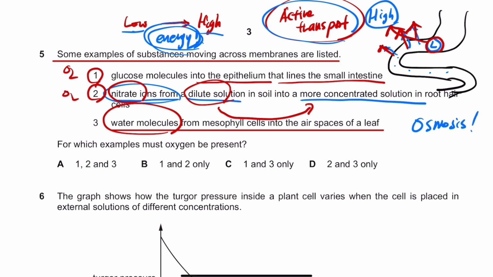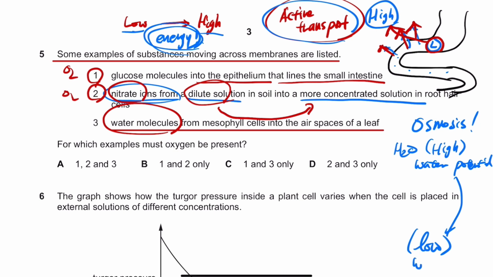Osmosis is the movement of water molecules from high water potential to low water potential. And this is important through a partially permeable membrane or semi-permeable membrane.